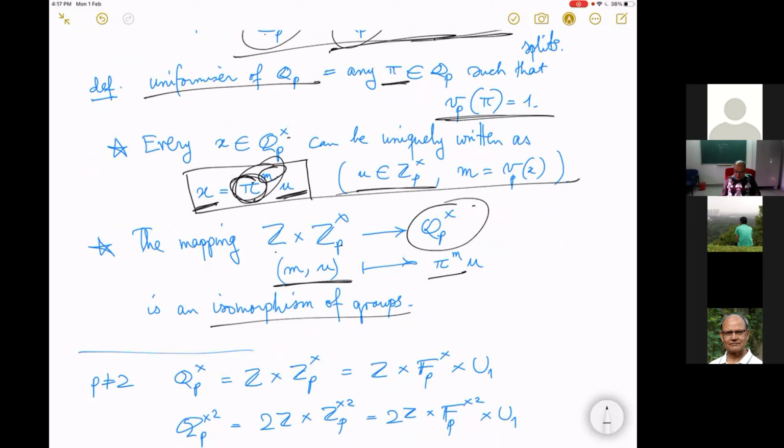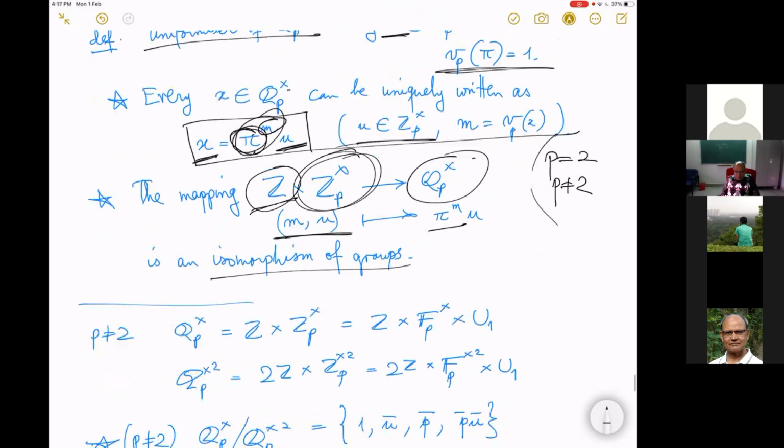So if you wanted to understand the structure of Qp star, you just need to know what Z is and what Zp star is. You all know what Z is, and Zp star we have just determined. There are two cases, p equal to 2 and p different from 2, where the structure is slightly different. But finally, yeah, here it's written.